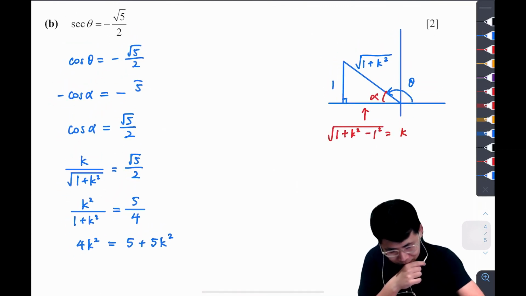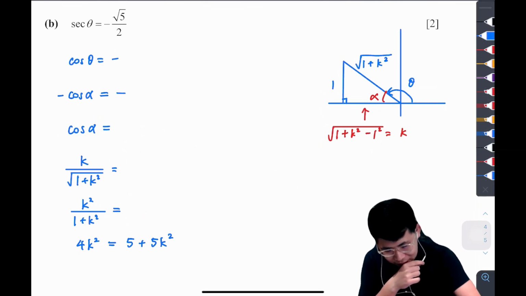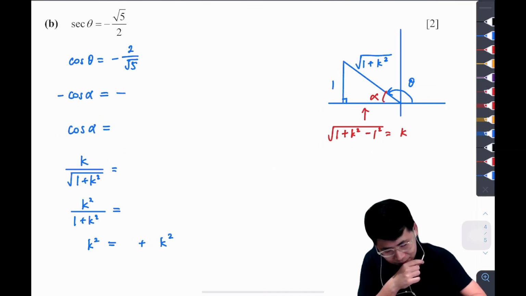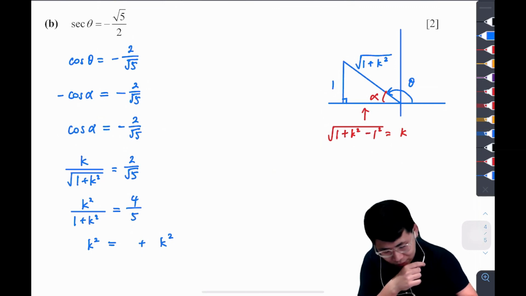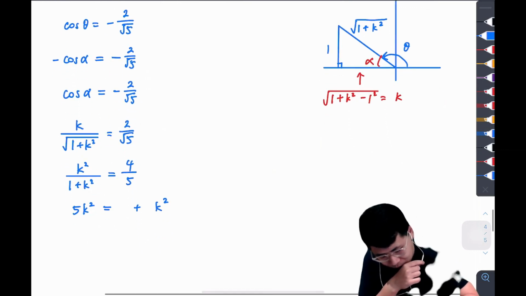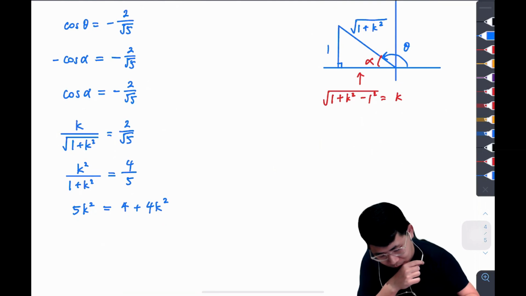Let me erase everything on this side. Secant is this, so cosine would be the inverse, the reciprocal of this. Remove the negative, then square: 4 over 5. So 5k square equals 4 plus 4k square, so k square is equal to 4.